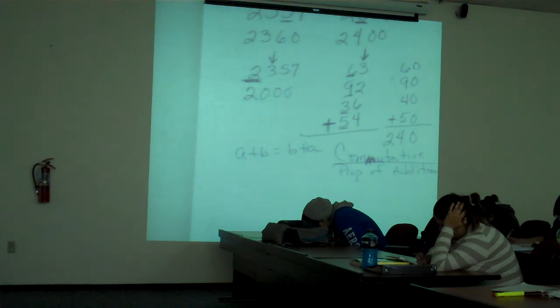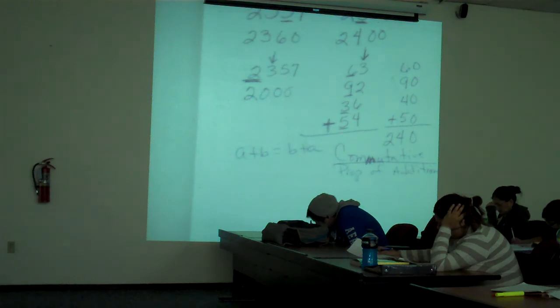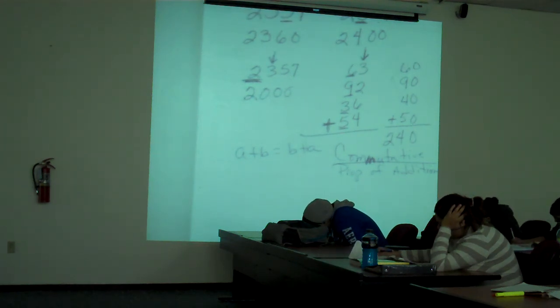On 29 through 32, it just tells you to round it to show whether it's correct or not. Estimate each sum. Just state what your rounded number comes out to and whether you think it's correct or not.